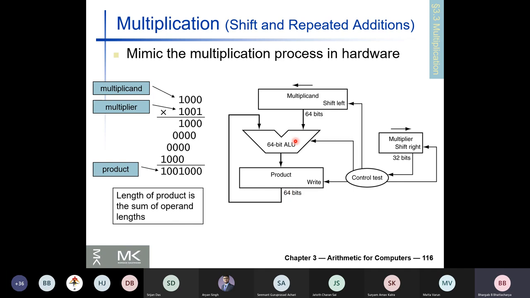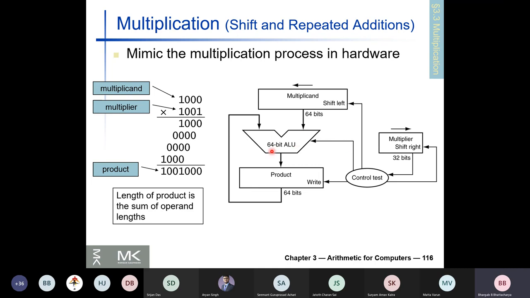First of all, let us assume that this multiplicand is saved in a register, the multiplier is saved in another register, and the result would be saved in this register. We assume that we have a 32-bit multiplicand and 32-bit multiplier as in MIPS.